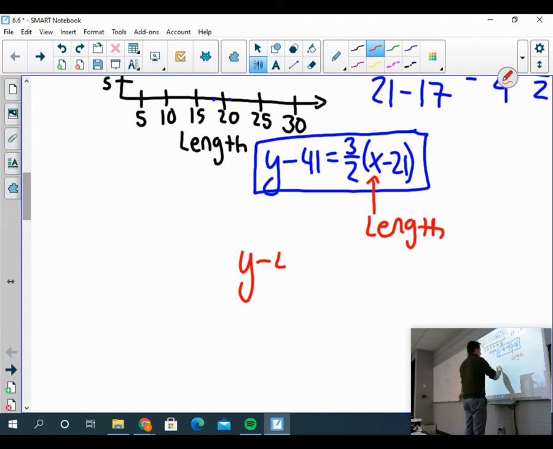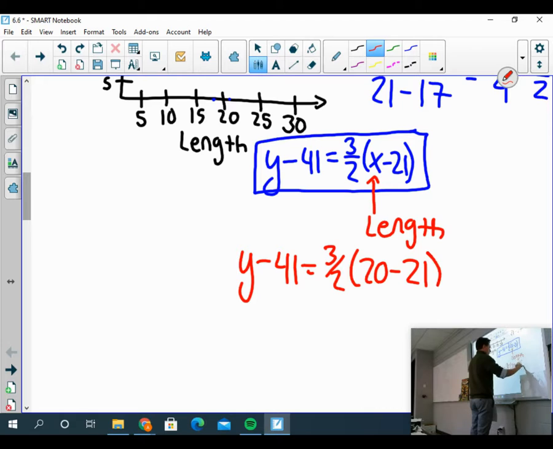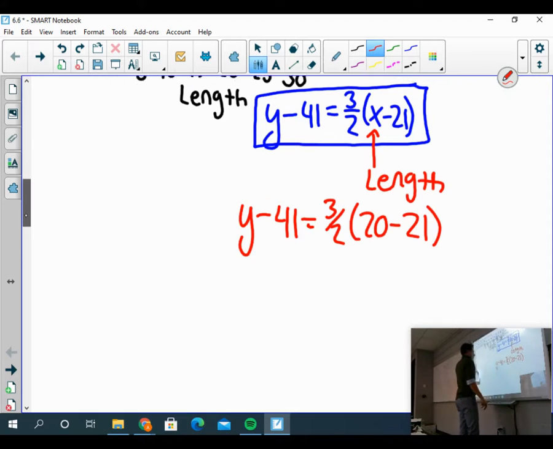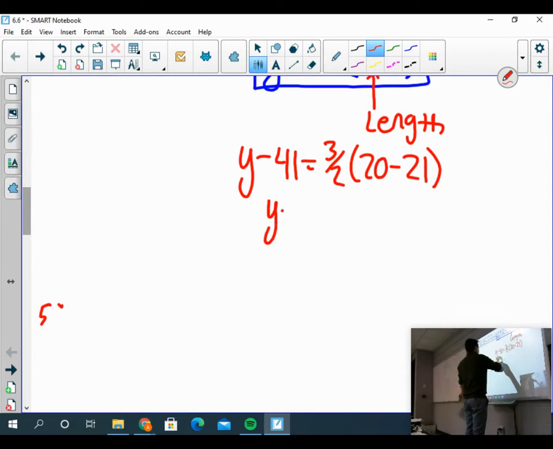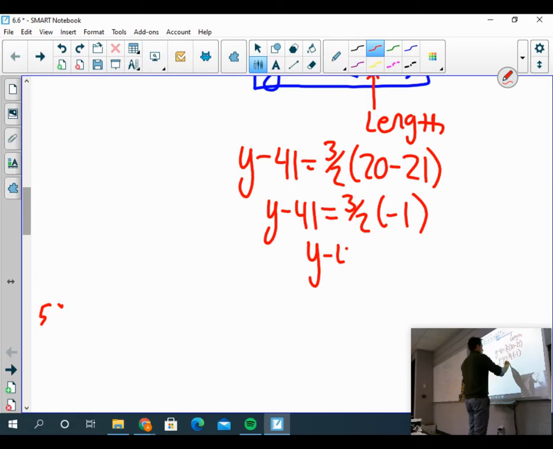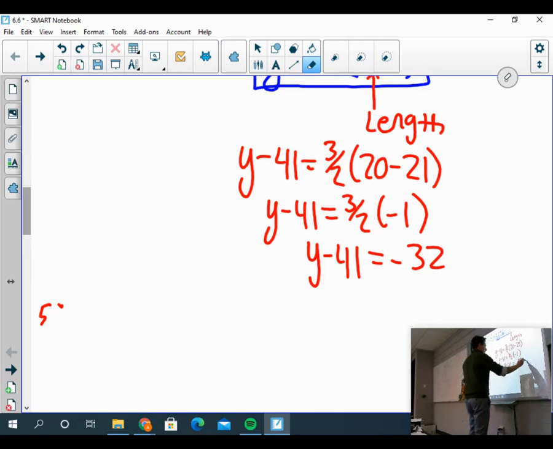Y minus 41 equals 3 halves times 20 minus 21. And you could solve this in a calculator. Y minus 41 equals 3 halves times negative 1. 20 minus 21 is negative 1. Which means y minus 41 equals negative 3 halves. Not negative 32, but negative 3 halves.